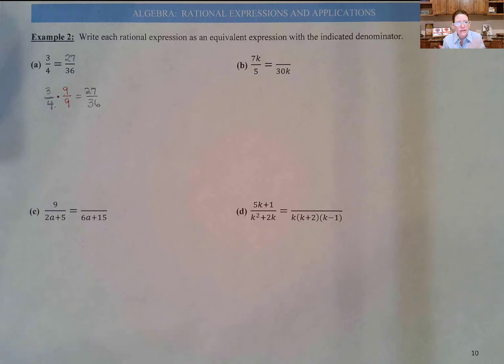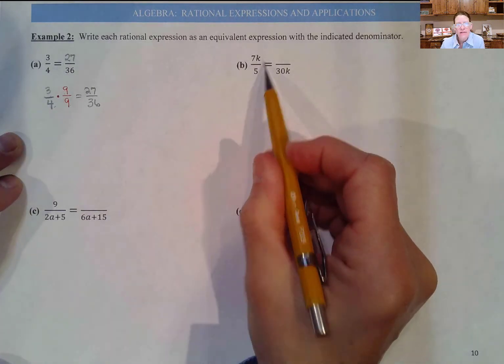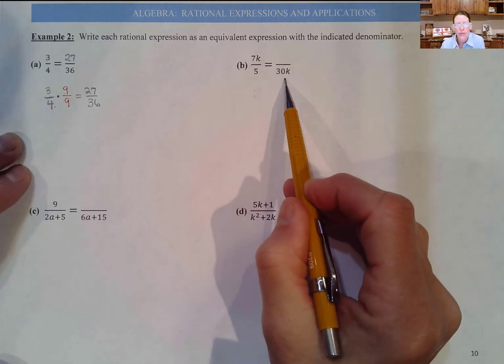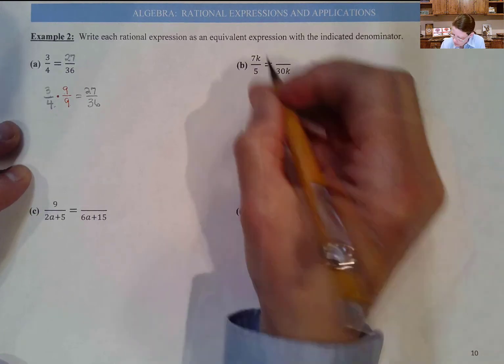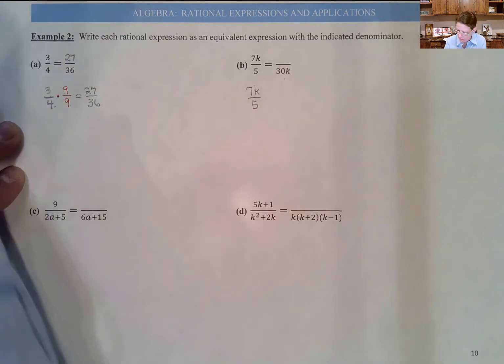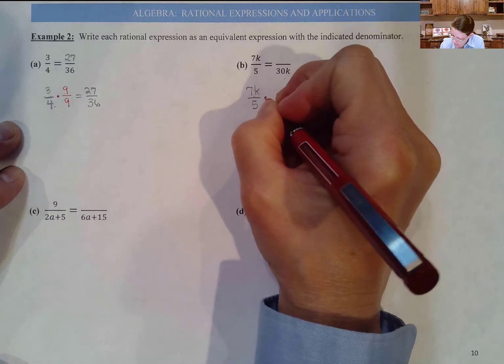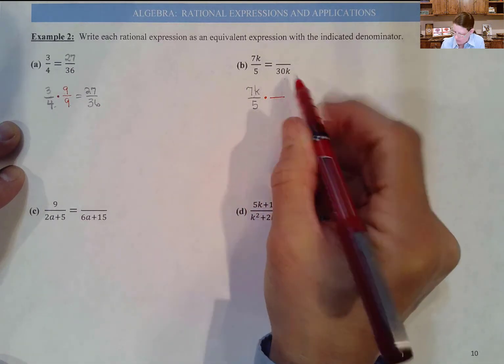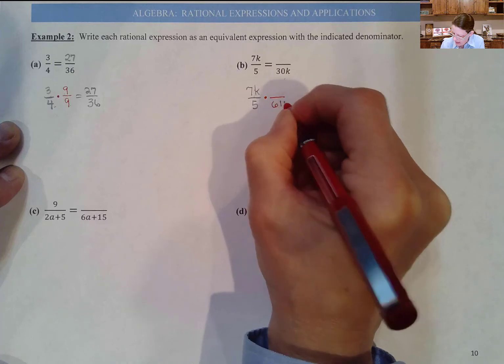And we're building these fractions up. In part B, we see 7k over 5 is equal to something over 30k. So let's just step down here below and write 7k over 5 and think, what is 5 multiplied by to obtain 30k? Well, that would be 6k.